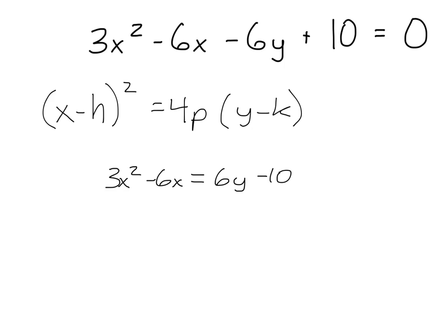Next, we're going to factor out a 3 from here and get ready to complete the square. We're going to put our blanks in. So we're going to do 3 times (x squared minus 2x plus our blank spot) equals 6y minus 10 plus that same blank spot.